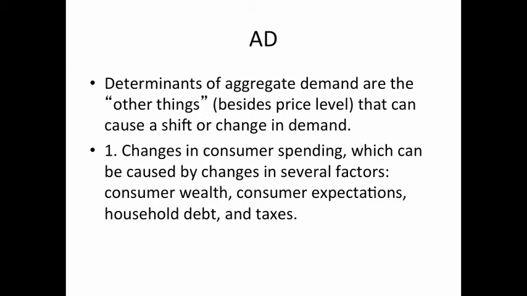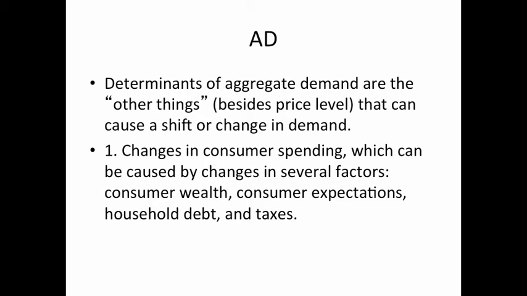So, what are the determinants of aggregate demand then? What can, as we'll see, shift that aggregate demand curve? Well, again, it's all about spending. Those variables we've already talked about. So, number 1, changes in consumer spending. We've talked about why consumer spending might increase or decrease: the wealth effect, expectations, debt, and taxation.